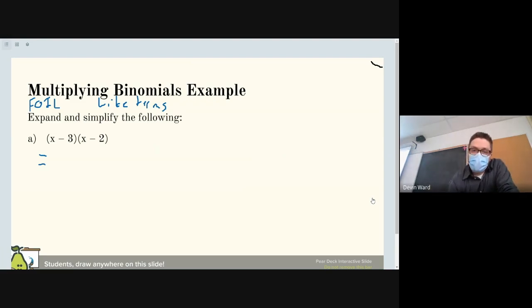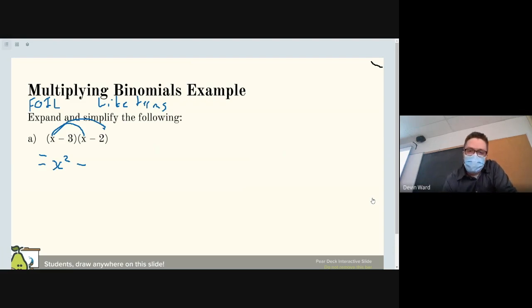So we're going to multiply our first two together, the x and the x, which is just x squared. Then you're going to do your outside two. So we have positive x times negative 2. What's that going to be? Positive x times negative 2.